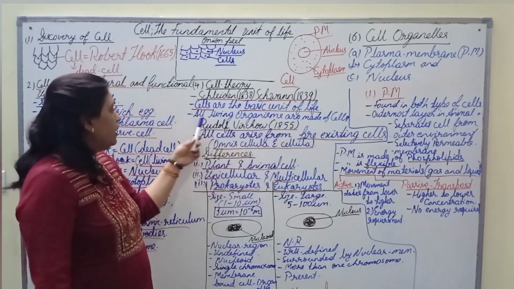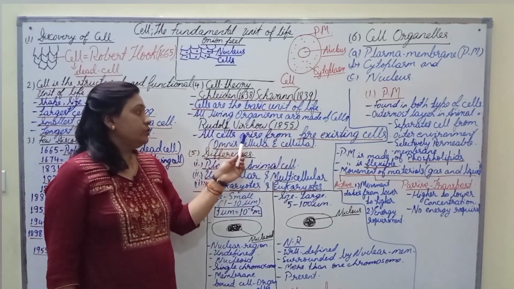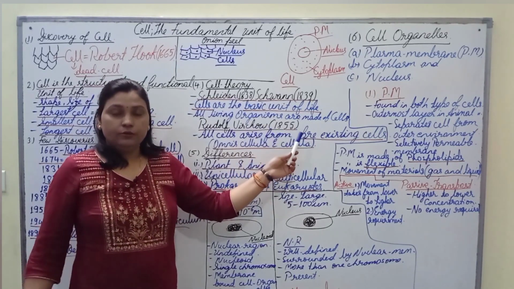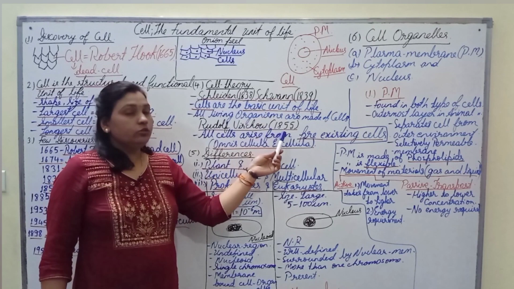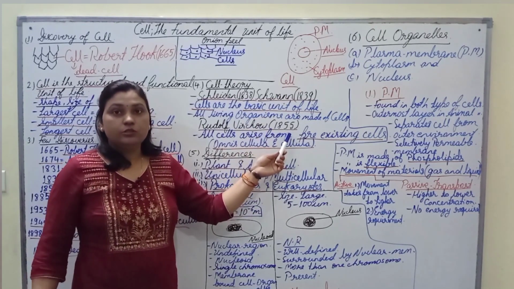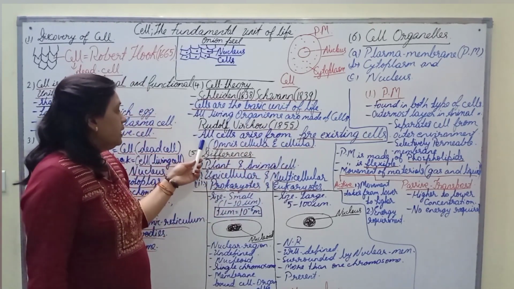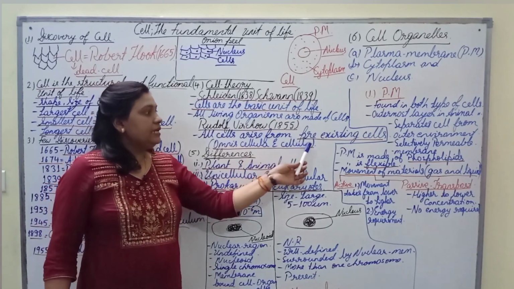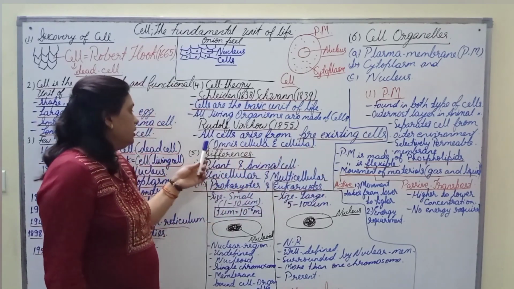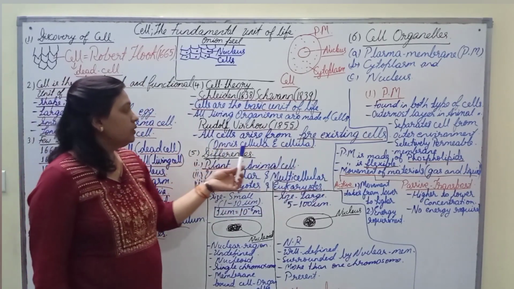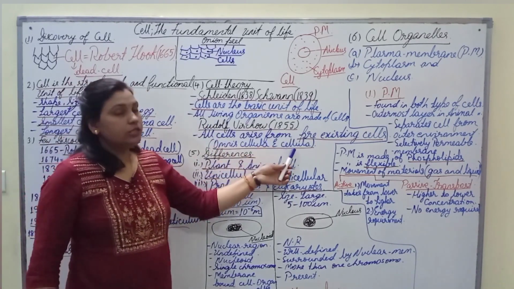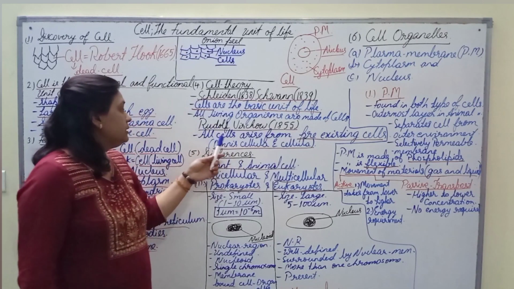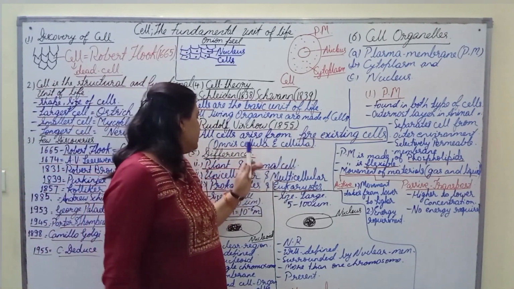Later on, another biologist, Rudolf Virchow, in the year 1855 also gave his view that all cells arise from pre-existing cells. This statement comes from the phrase he gave, omnis cellula e cellula, that means all cells arise from pre-existing cells.